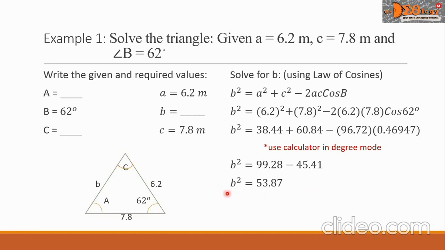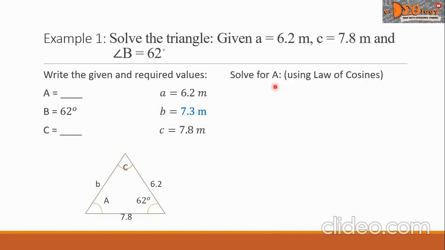To get B, we will get the square root of both sides. If we do that, the power 2 on the B will be cancelled out. So we have B equals the square root of 53.87, and the value is 7.3. This is our B, and we use the same unit of measurement, meters. So let us copy this value opposite the side B.